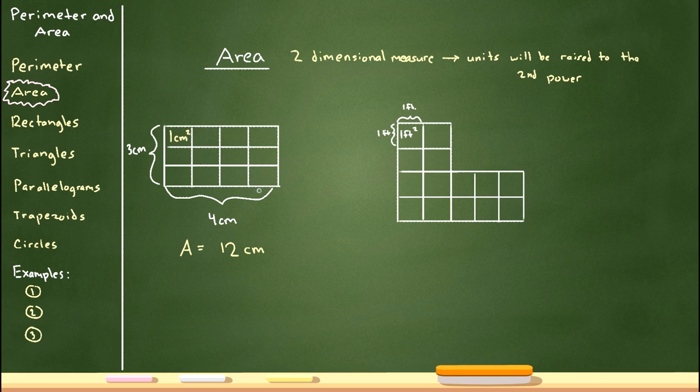This is a two-dimensional measure, meaning we need to have the squared sign up there. Okay, so never forget, when you're dealing with area, if you have units, sometimes in math, we may not have units, but when we do have units, those units are going to be squared. So we would read this as 12 squared centimeters.